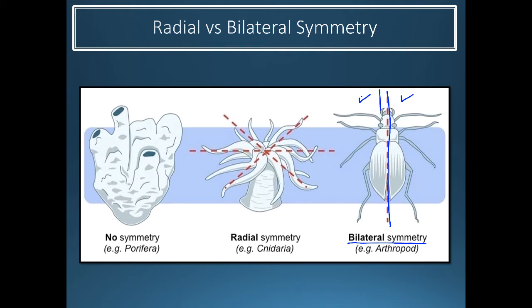You can't cut it this way, right, next to it, or you can't cut it this way. You don't end up with equal sides. But throughout the course of evolution, animals that first appeared had no symmetry, and then they transitioned to radial symmetry. And it's not until we see the triploblasts, those that have endoderm, ectoderm, and mesoderm, where we see bilateral symmetry.